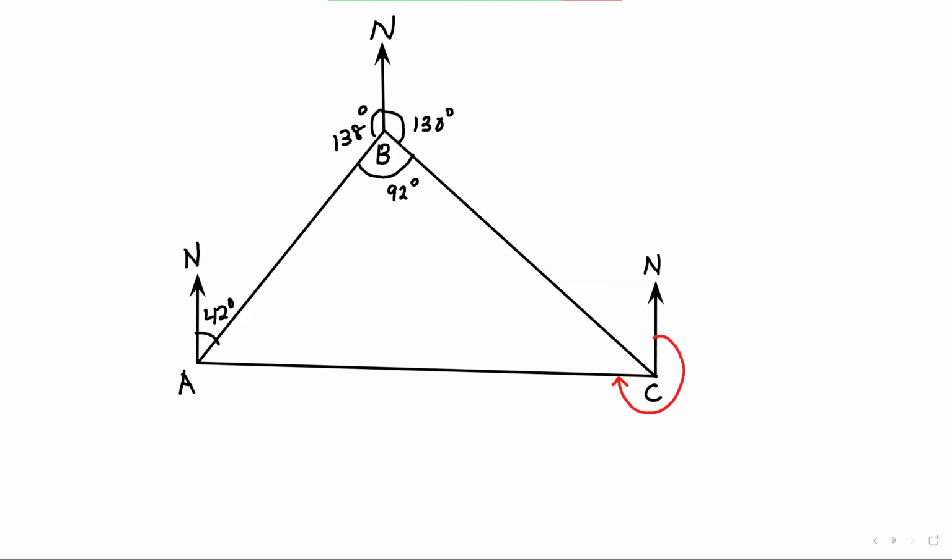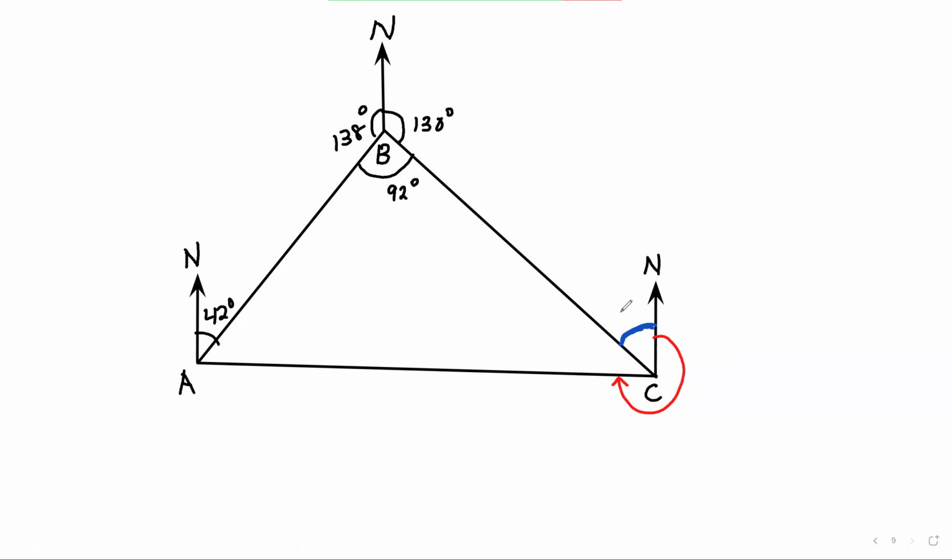Well, if this angle up here is 138, then I can find out what this angle here is, because again, there are 2 parallel lines. So the 2 north lines at B and C are parallel. So this angle here will be 180 take away 138, which is 42 degrees.